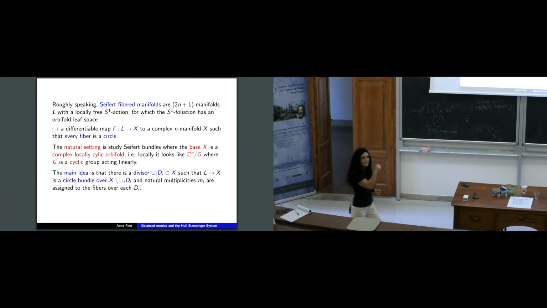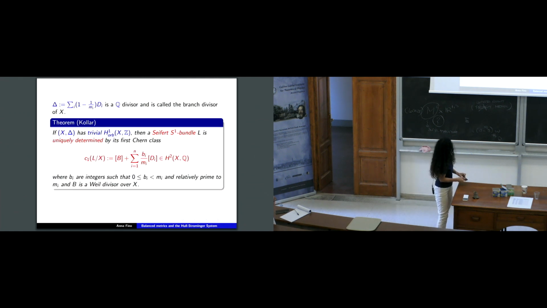So the G in that case is Z2, the simple case. Okay, that's the way Kollár used to construct a Seifert S1 bundle. Essentially everything is determined by what is called the first Chern class.